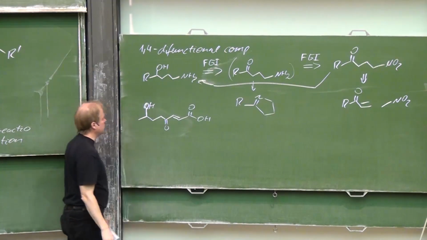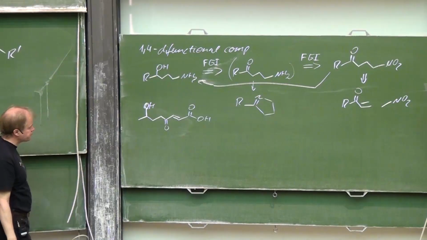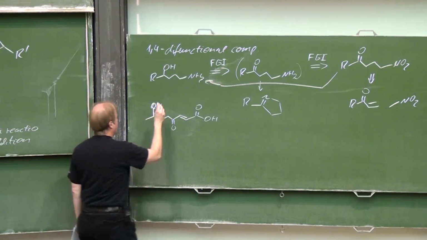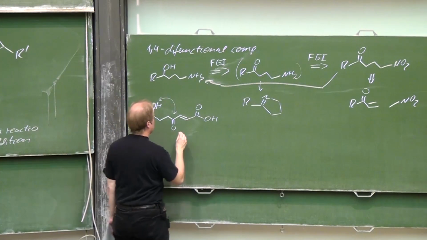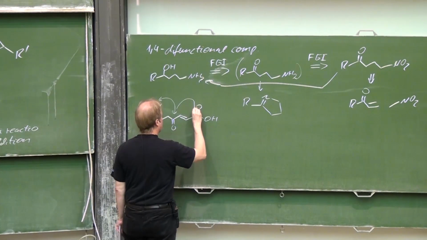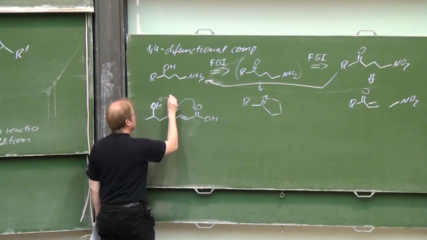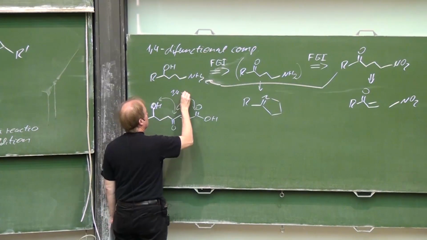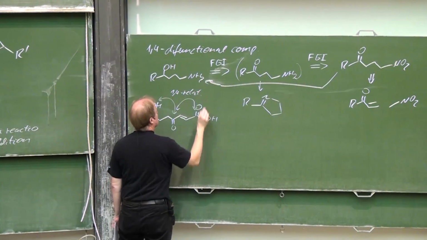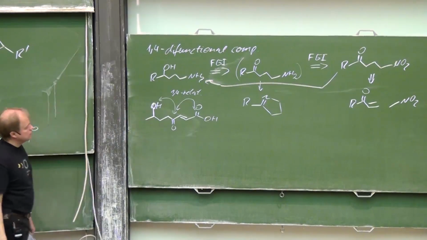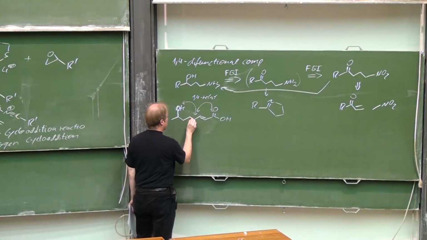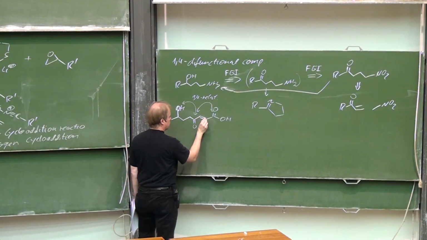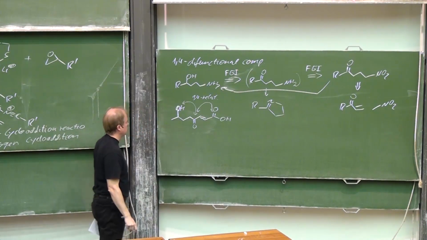Here an interesting case where you have already two 1,4 relationships. 1, 2, 3, 4, and again 1, 2, 3, 4 here.